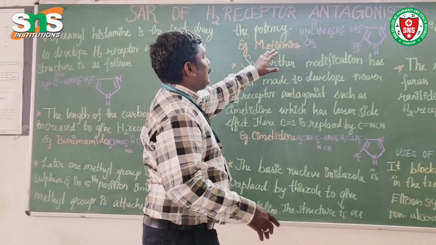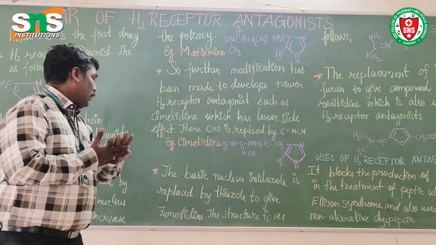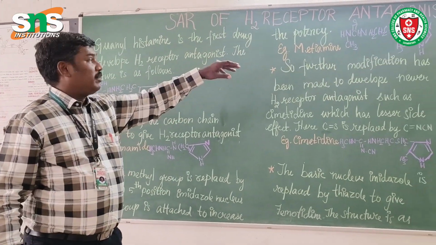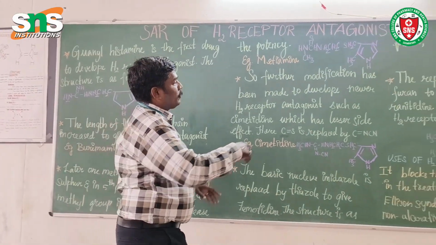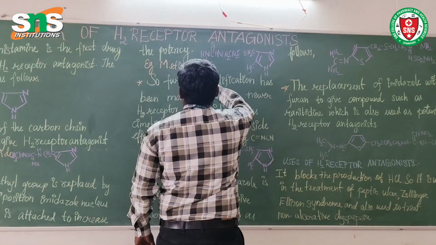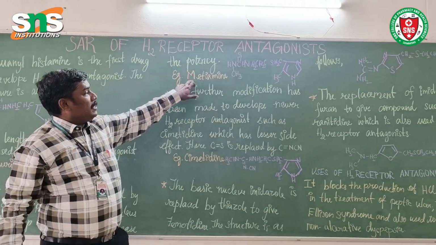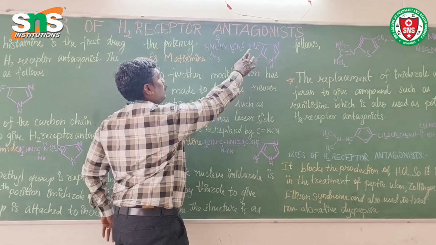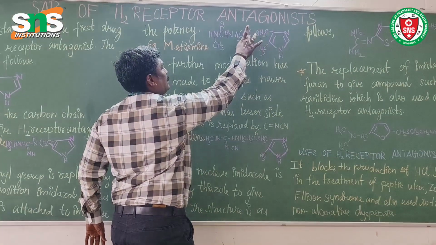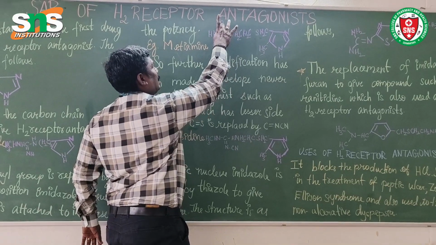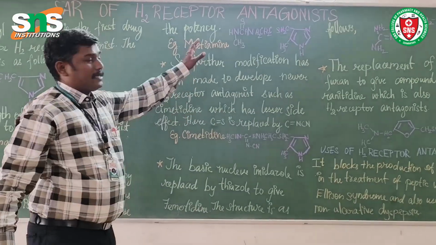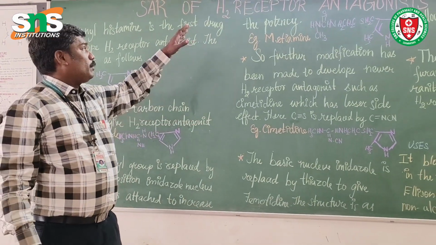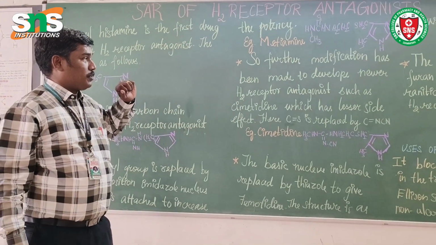Here we will find the example, that is metiamide. This is the methyl imidazole derivative. In this one we are attaching CH2, CH2, NH, C double bond S, NH, CH3. That is metiamide, which is also a very good potent H2 receptor antagonist.